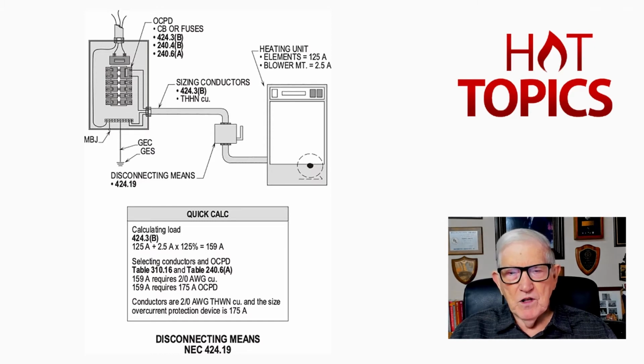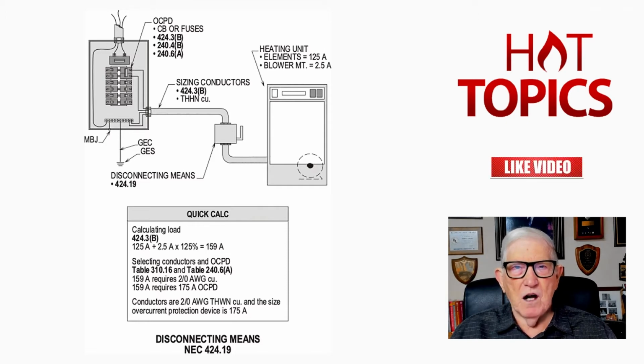We reference our Table 310.16 and our Table 240.6(A), referenced from Section 240.6(A). And 159 amps requires a 2/0 conductor, good for 175 amps in the 75-degree column as required in 110.14(C)(1)(a) in your code book.